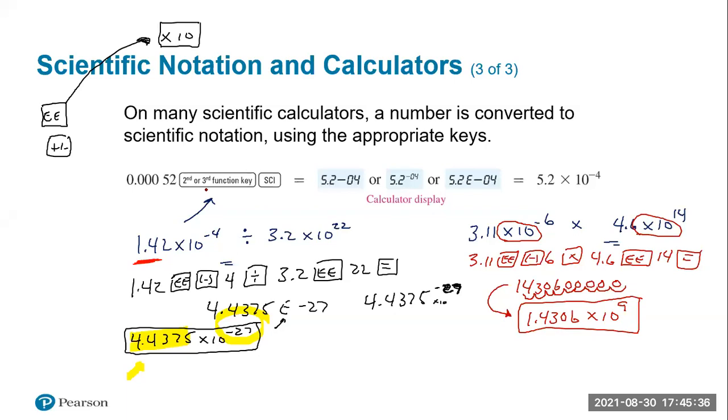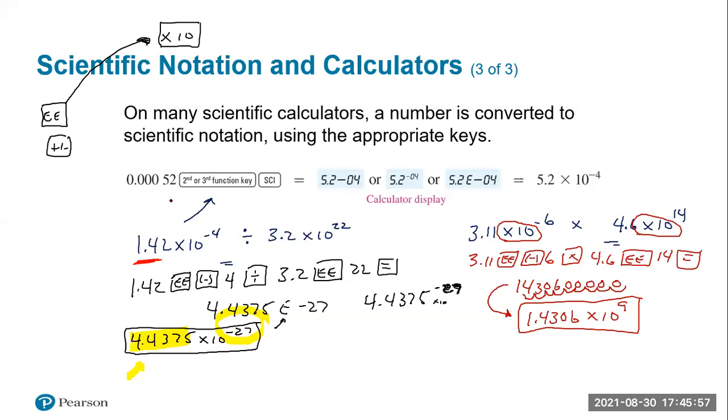Shouldn't be 10, 20, 30, 100. Shouldn't be a point number. It should be a number between 1 and 10, times 10 to the n as well. And that exponent should either be positive or negative, depending on which way you need to move your decimal point to get a number between 1 and 10.